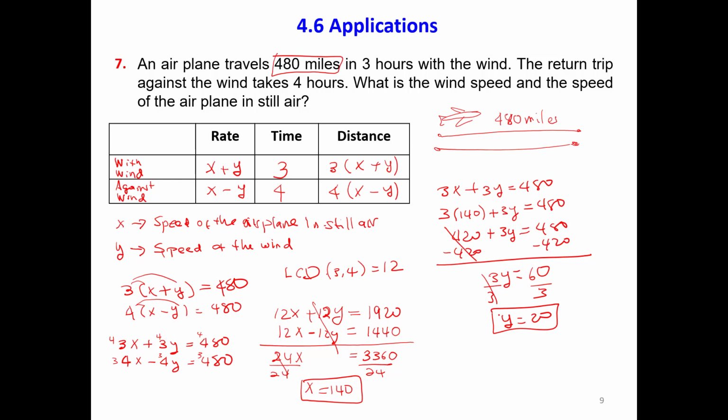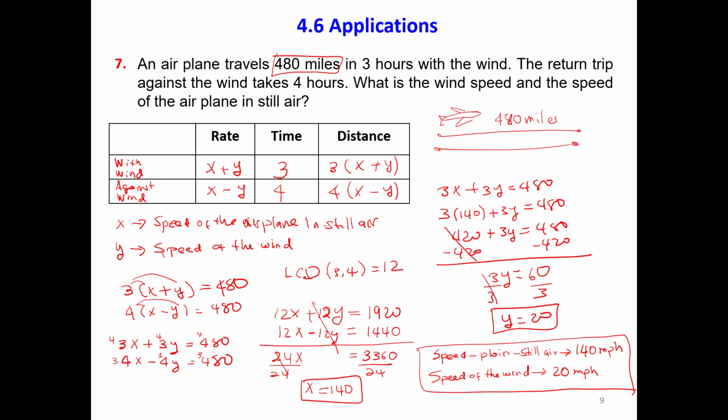The speed in still air will be 140 miles per hour, and the speed of the wind will be 20 miles per hour. And here is the answer for both variables.